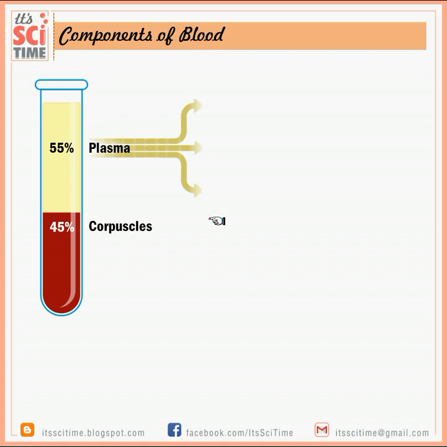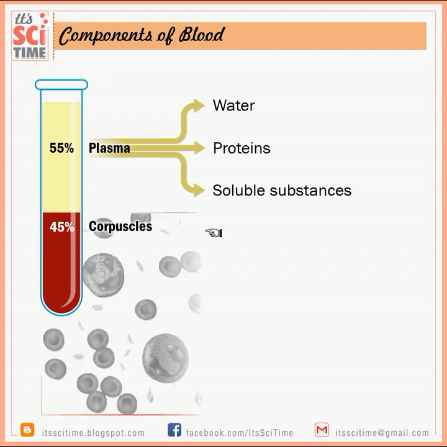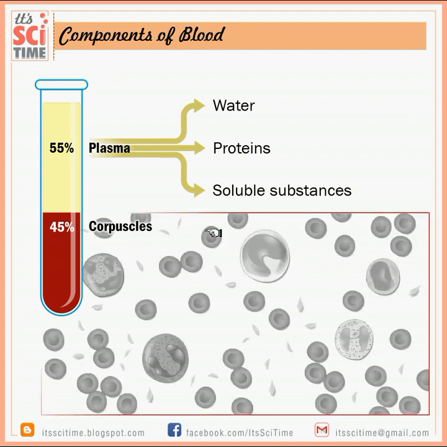The blood plasma mainly consists of three things: water, around 90% is water, and plasma proteins and other soluble substances. What are the corpuscles? Those are the blood cells and fragments.